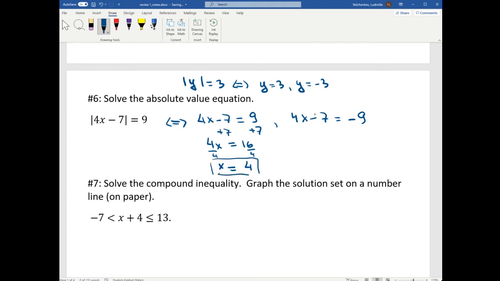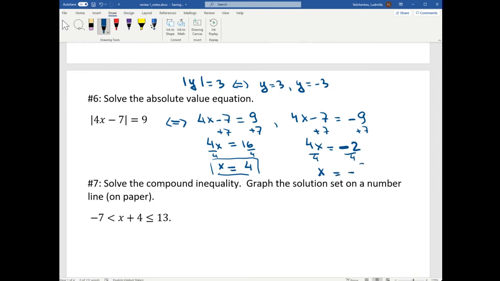And the second equation, we also add 7 on the left and on the right. 4x equals -9 plus 7. So they have different signs, so we subtract the values, 9 minus 7 is 2, so -2. And then we divide by 4.